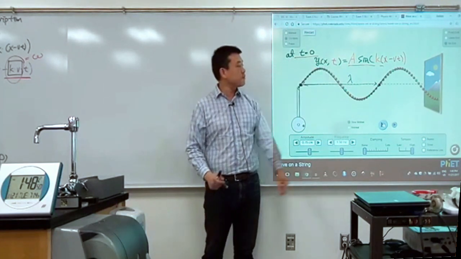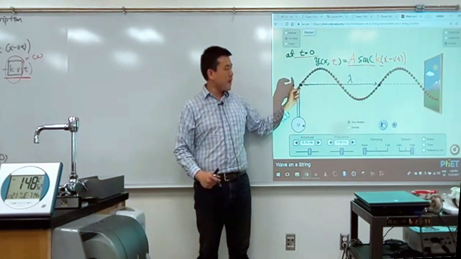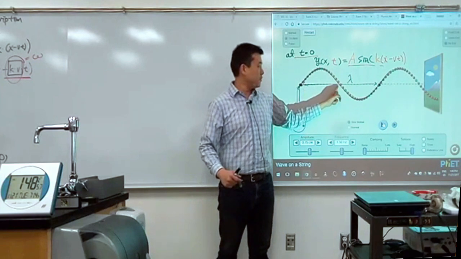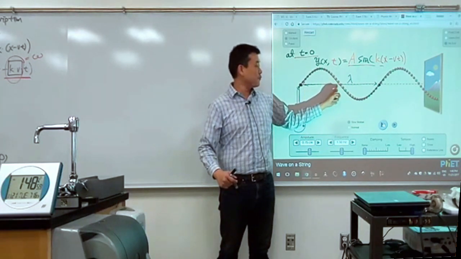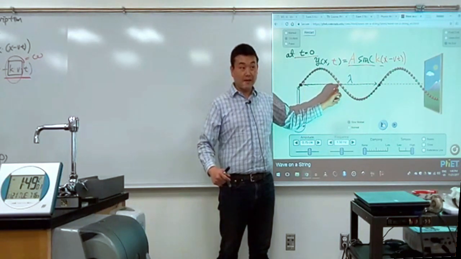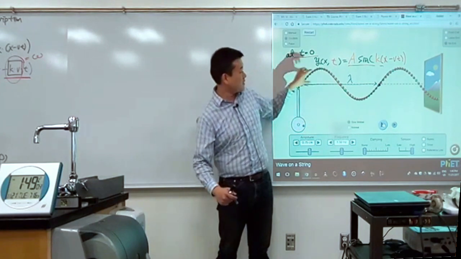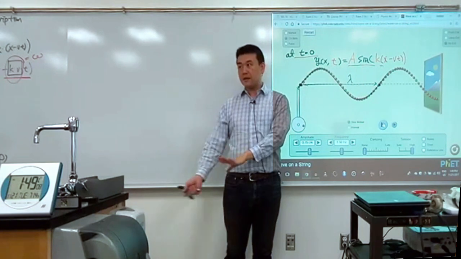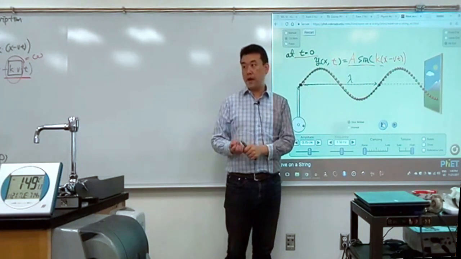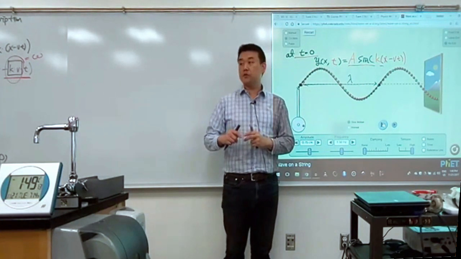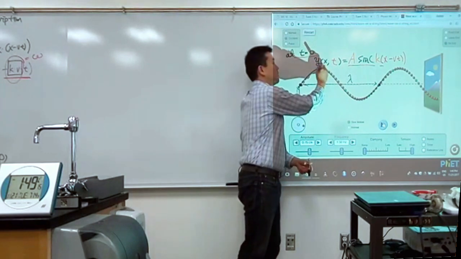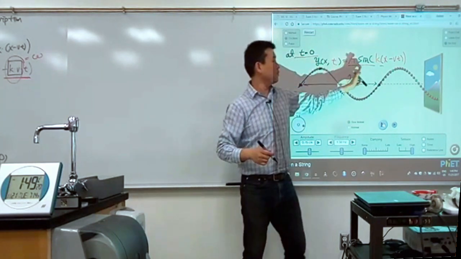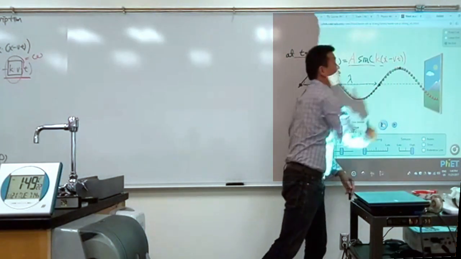So this is one way to measure it, but actually this way is somewhat prone to mistakes, because sometimes people see another 0 here and think that that's where your wavelength is. And it's not, because after that 0, it's not repeating the same thing over, it's upside down. So if you don't want to make the mistake, one way you can measure wavelength is peak to peak. So this is a peak. It's the highest point on the wave. And you can keep going until you see another highest point on the wave.